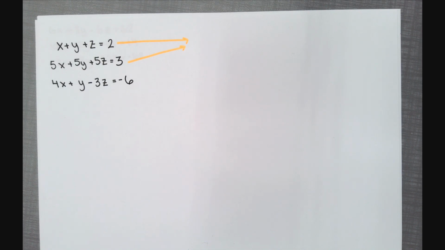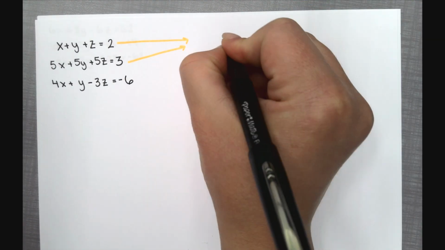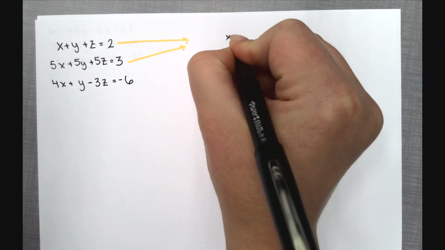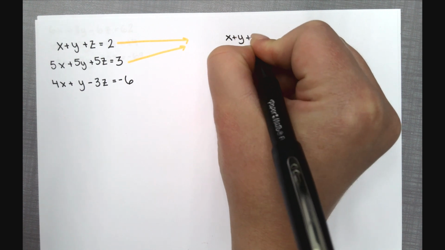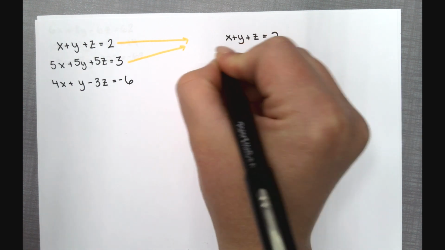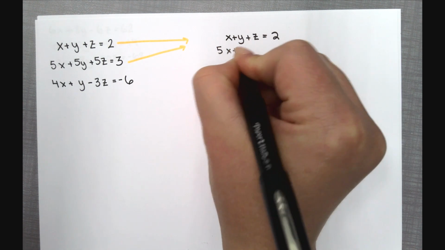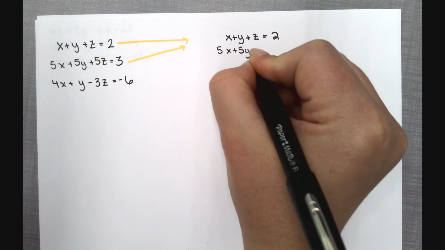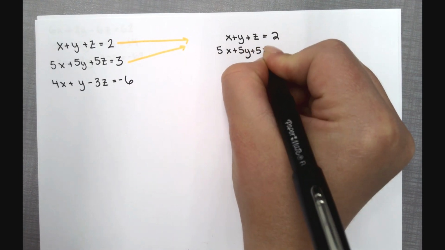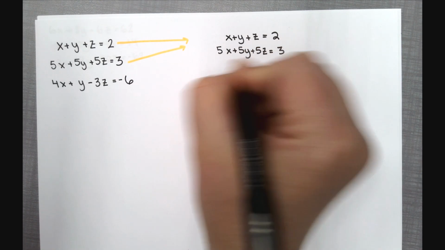I am going to take my top two equations and I am going to write them out here. So x plus y plus z equals 2. 5x plus y, or 5y, excuse me, plus 5z is equal to 3. Okay?